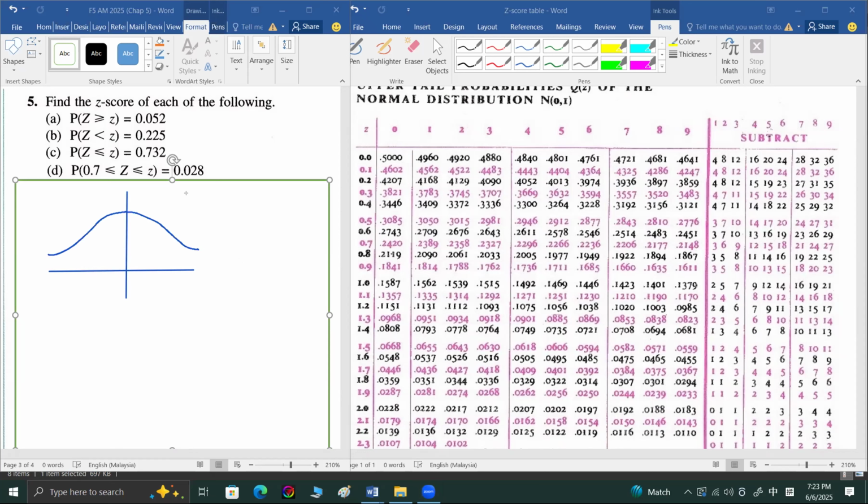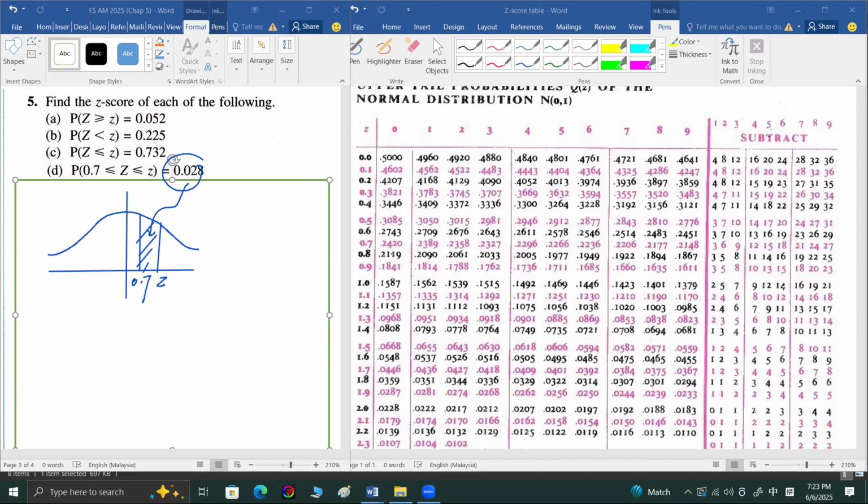Now we see 0.028, a very small value, that lies between 0.7 and Z. Can you see 0.7 and Z? Then the area is here.